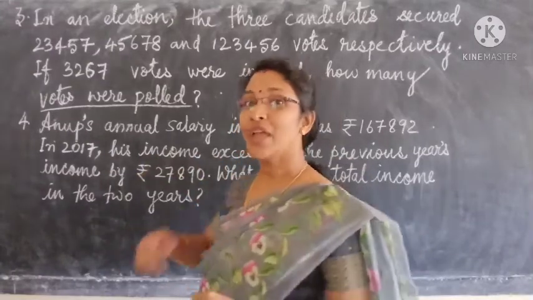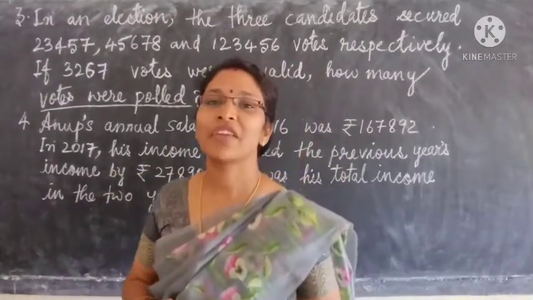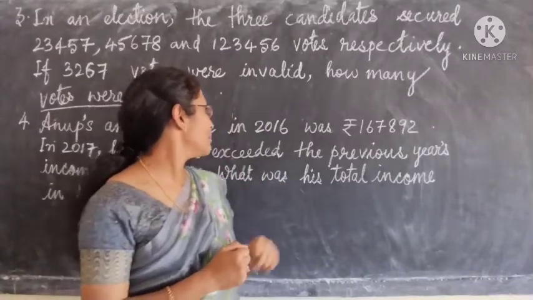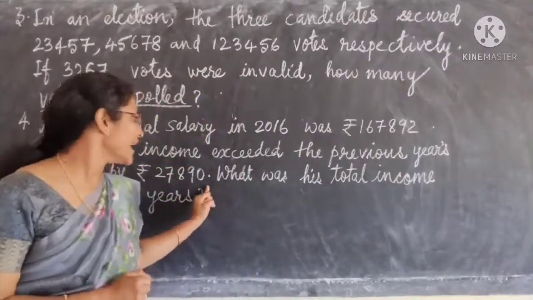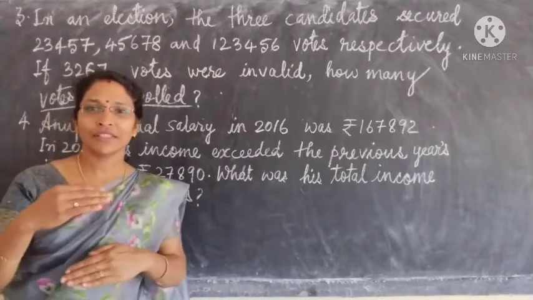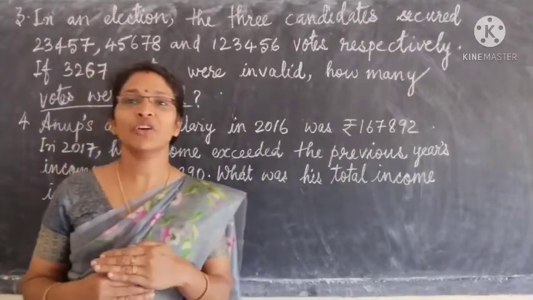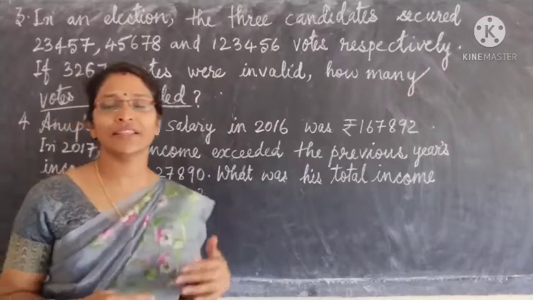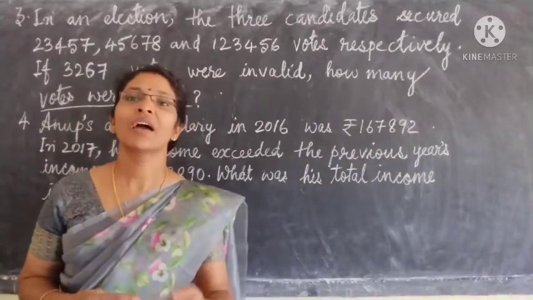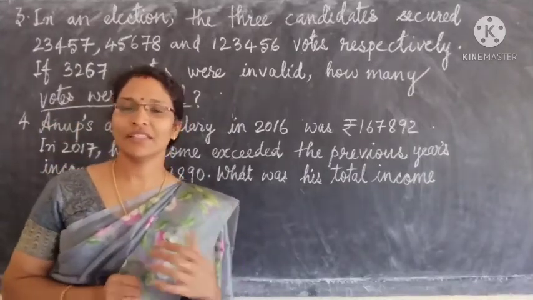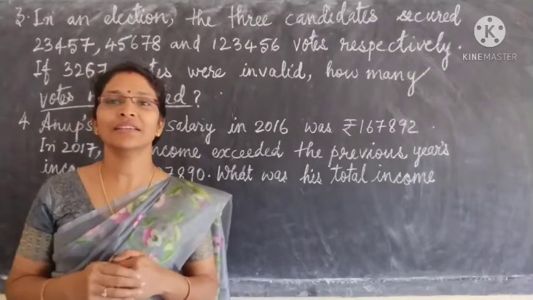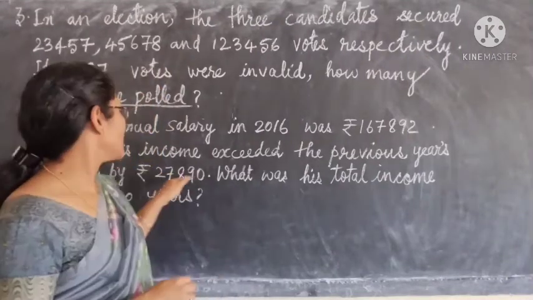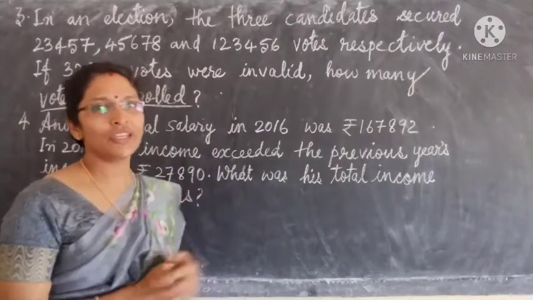His income exceeded the previous year's income by 27,890 rupees. Means he had an increment of 27,890 rupees than the previous year's income. It means the salary increases every year, and how much is increased? This much is increased.